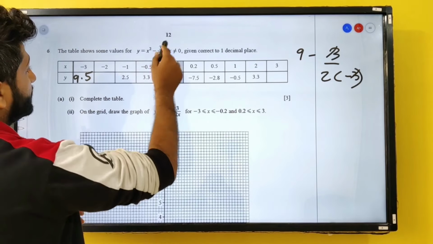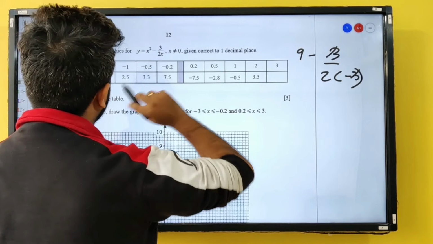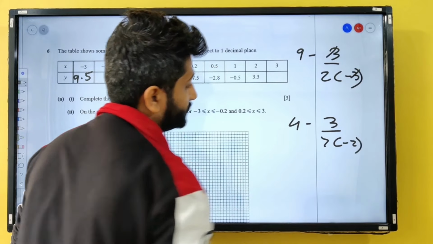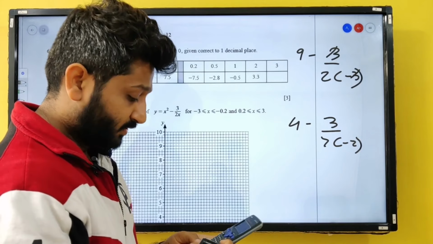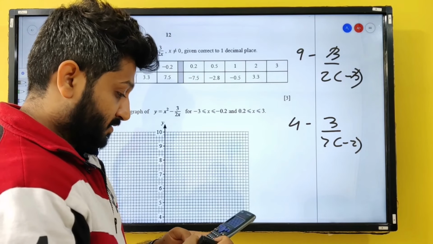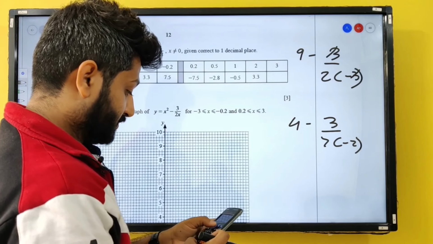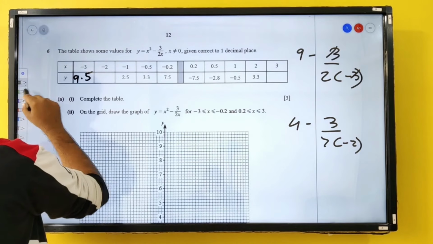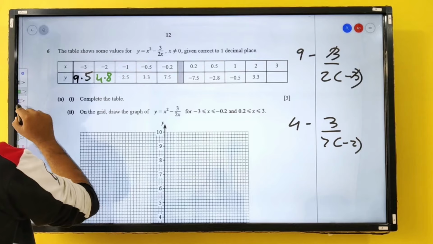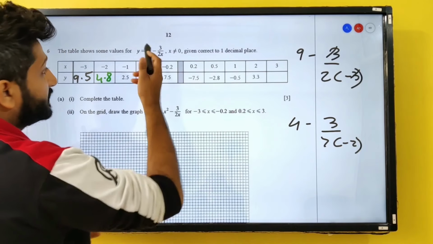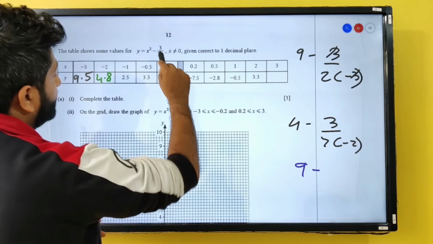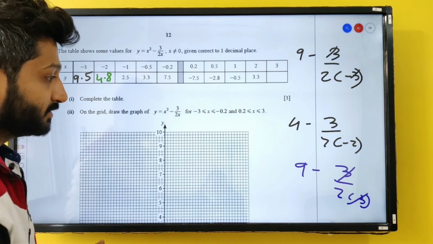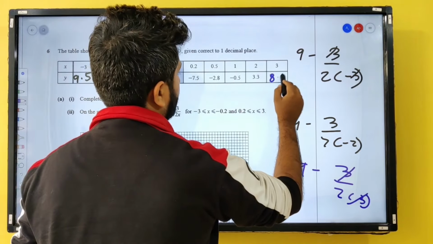When I have minus 2 square, minus 2 square is 4, minus 3 upon 2 times minus 2, minus 2 into minus 2, so 3 upon 4 plus 4. So my answer is 4.75, but I have to round to one decimal place, so I'll write 4.8. Next is 3. So 3 square once again 9 minus 3 upon 2 divided by 3. So 3 will get cancelled. 9 minus 0.5, this is 8.5.